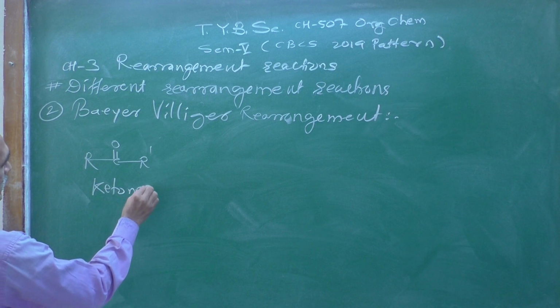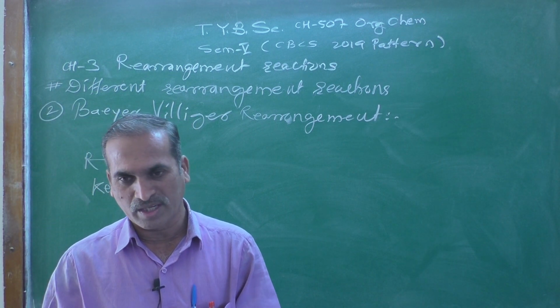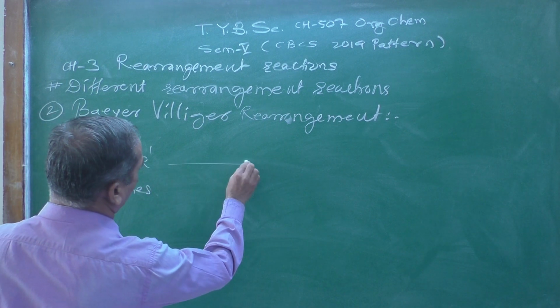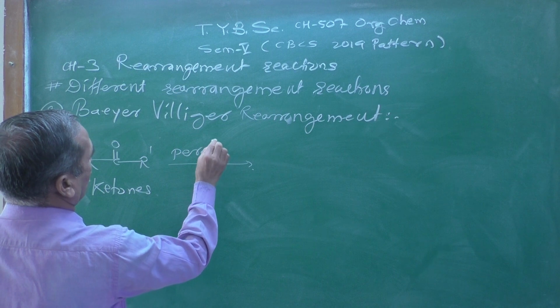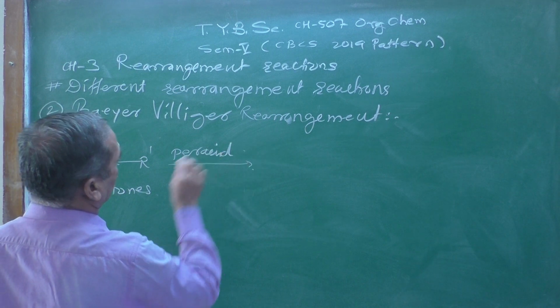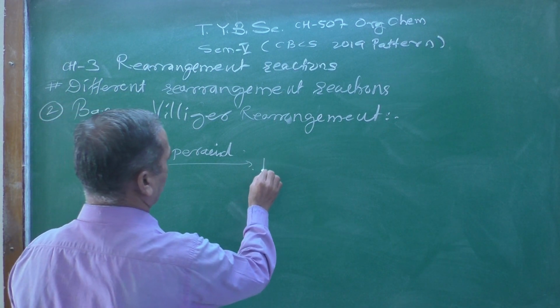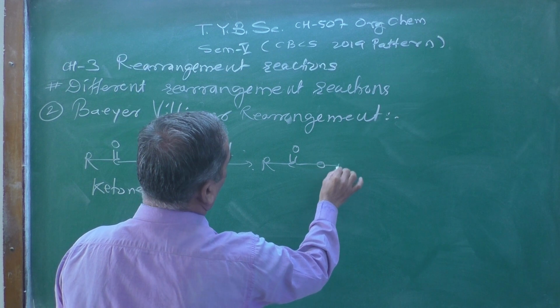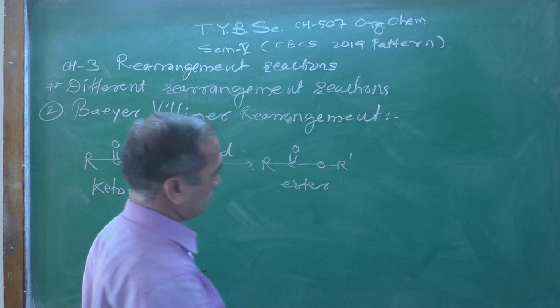The starting material required for Baeyer-Villiger rearrangement is a ketone, and this will be treated with peracid, and the resulting compound formed is an ester, R C double bond O R'.